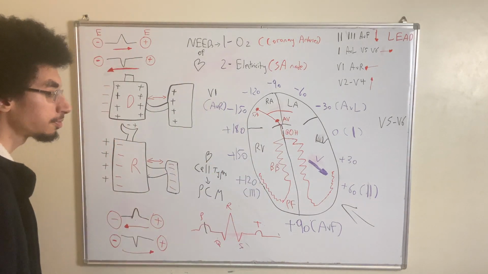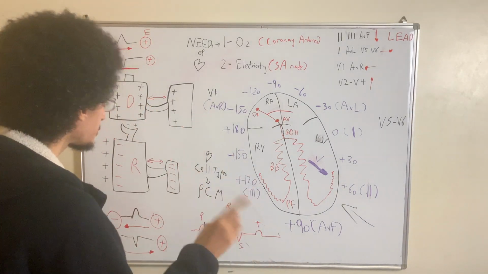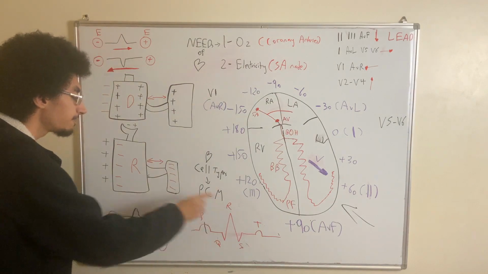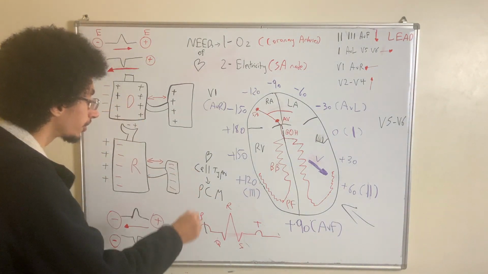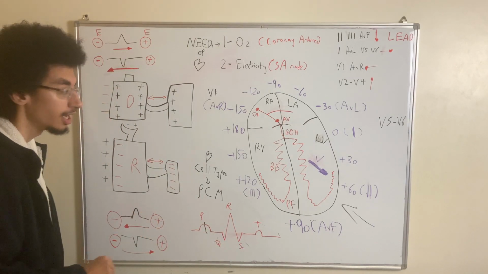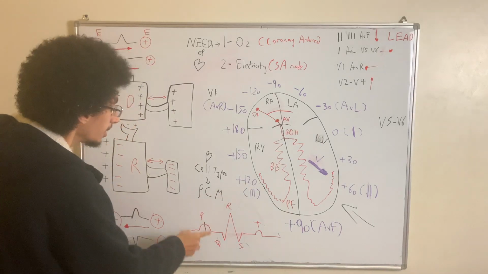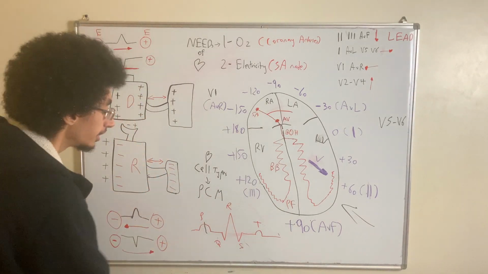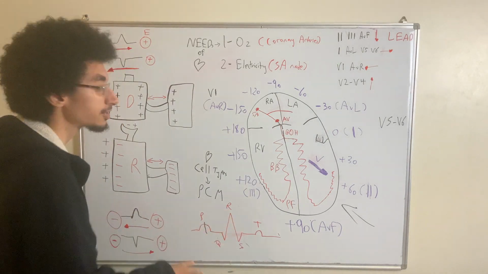So one could ask me, where is atrial repolarization? Atrial repolarization is not found here. Why? Because it's hidden. It actually occurs within the QRS complex. Because, of course, the atrial repolarization will occur earlier. But you see, the atrial repolarization, it occurs within the QRS complex, but it's hidden because the QRS complex is so much bigger.